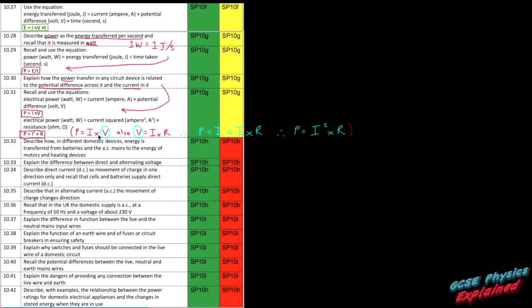If P equals I times V, and V equals I times R, if we take that V out and put I times R in instead, it becomes P equals I times I times R, which we simplify as I squared times R. So P equals I squared times R. And you'll just be expected to put the numbers in.